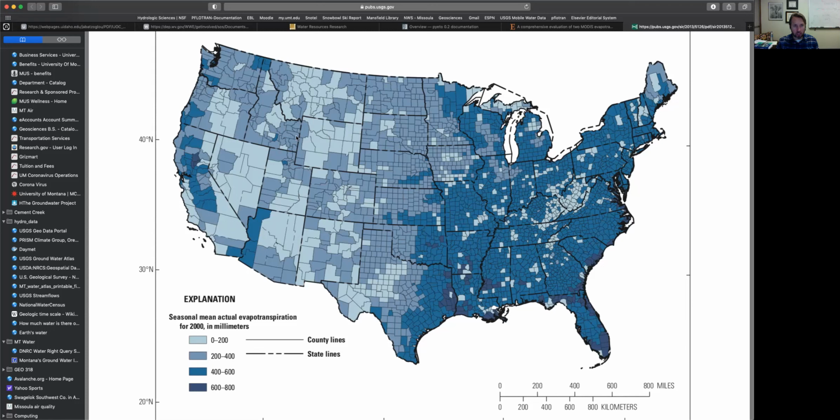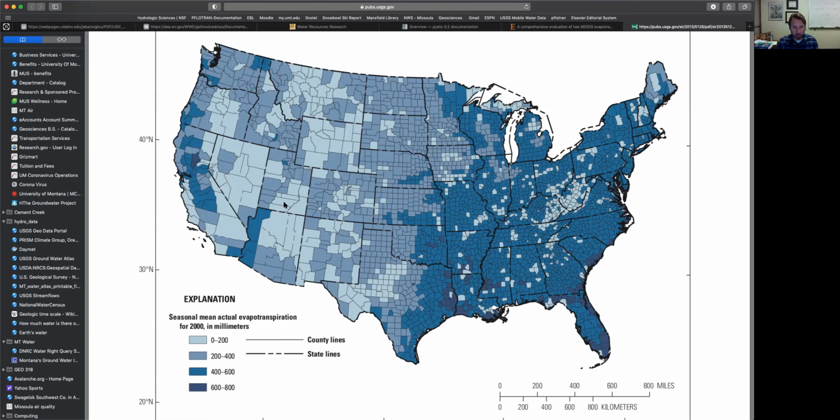And you can see some regional patterns. So here, for example, in Nevada, you see very low actual evapotranspiration. And that is due to exactly what we discussed before. This is a big desert. There isn't much water around. If you look at the satellites, there's no greenness, all right? And so you don't get a lot of ET.